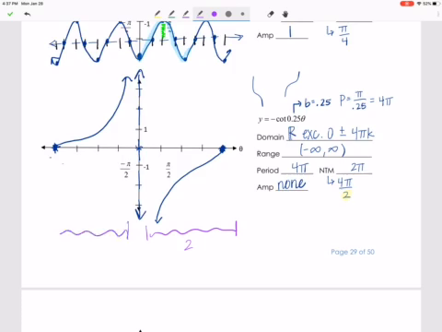Plus this stretch of 2 pi, we see the other half of the cotangent wave. So 2 plus 2 is 4. It would be a whole 4 pi before we see another asymptote.